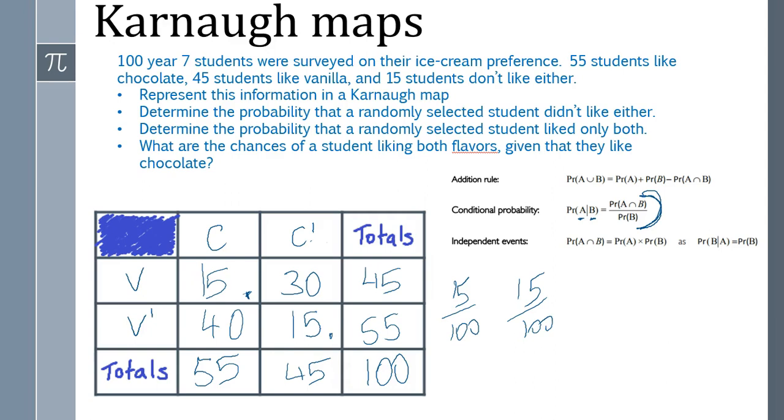And you can see up there the formula is the probability of A and B occurring, so that's this here, 15, divided by the probability of B occurring, which is 55. Okay, so out of the 55 students that like chocolate, 15 like both flavours.